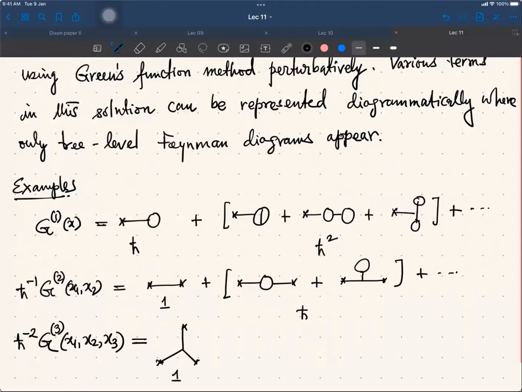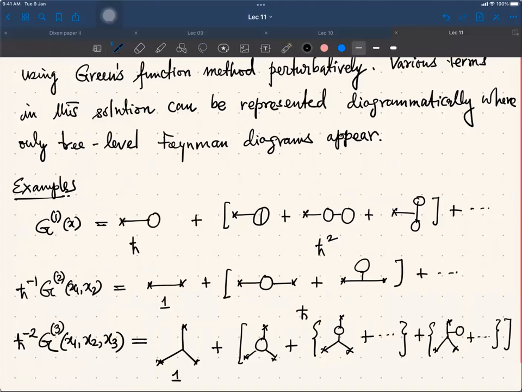This is of course tree level, so 1, and then at one loop level you have these diagrams. So these are one loop contribution.